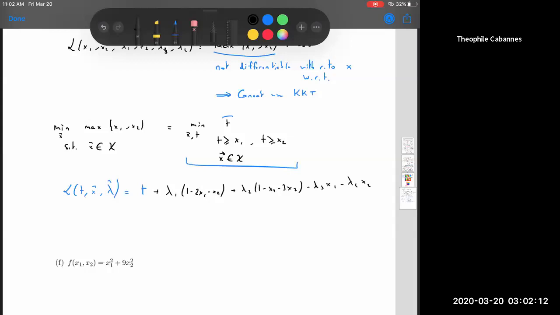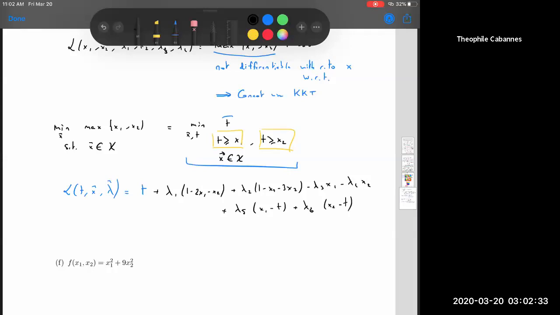And then you have two new constraints that you have to add. So plus lambda 5 (x1 minus t) plus lambda 6 (x2 minus t).